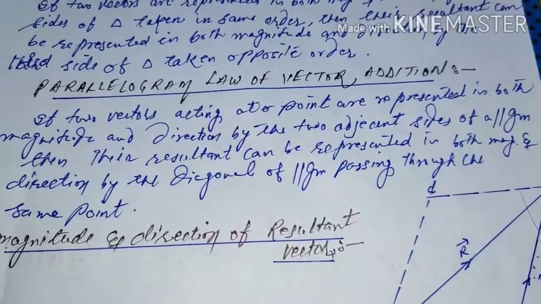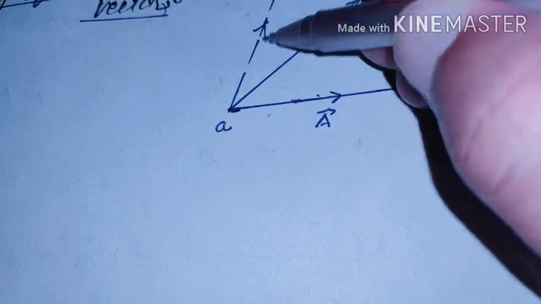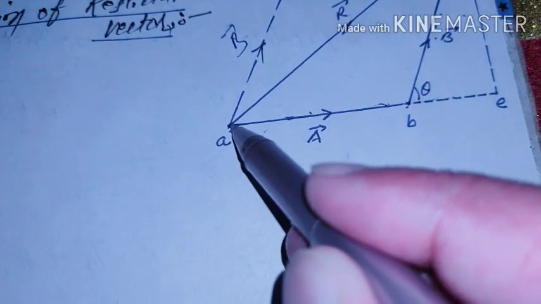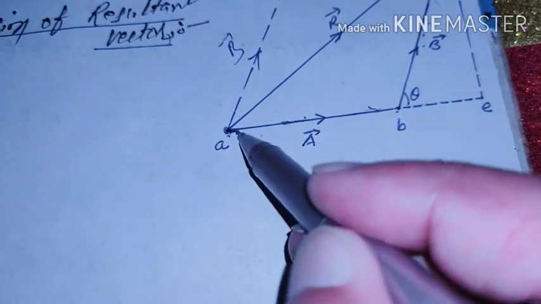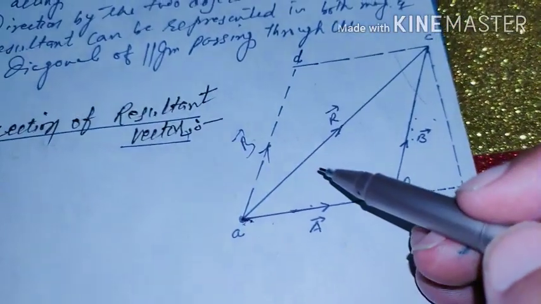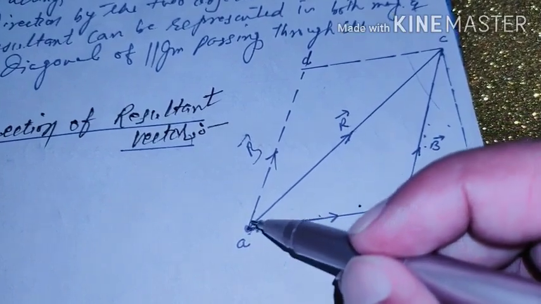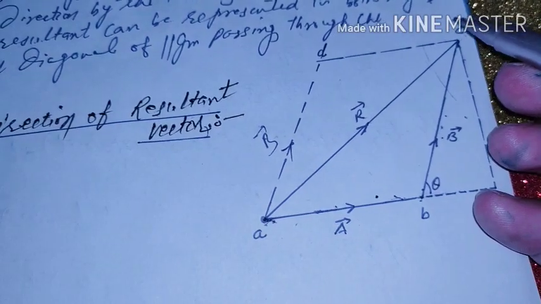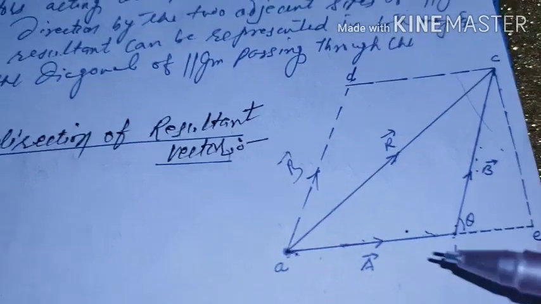It states that if two vectors, say vector A and let us suppose vector B, are acting at a point, say this point, and they are represented by the two adjacent sides of a parallelogram, then their resultant can be represented in both magnitude and direction by the diagonal of the parallelogram passing through the same point.